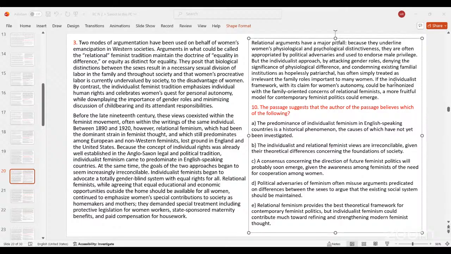If the individualist framework could be harmonized with family-oriented concerns of relation, a more modern, more fruitful model for contemporary feminist politics could emerge. It means, what if the individual one were highlighted, it could have a better result, right?